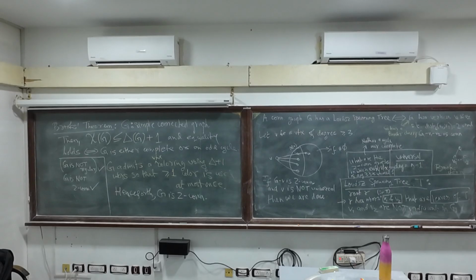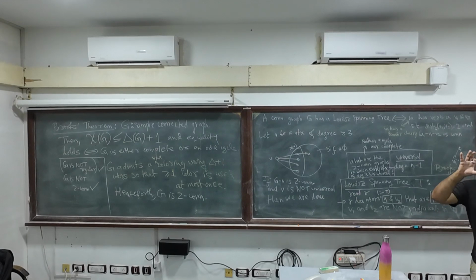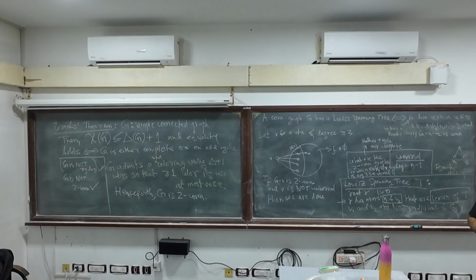Partition your vertex set into two sets: vertices of degree 3 or more and vertices of degree exactly 2, because it's 2 connected. So degree 1 is not interesting. Either you have a vertex of degree exactly 2 or the vertex has degree 3 or more. Now see if you can figure out what all these graphs are.